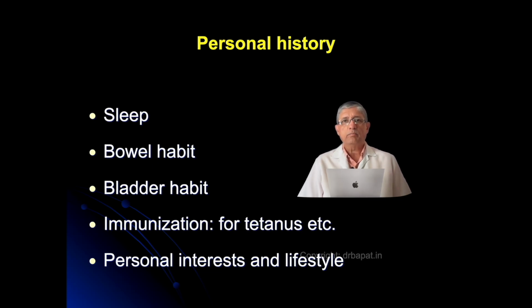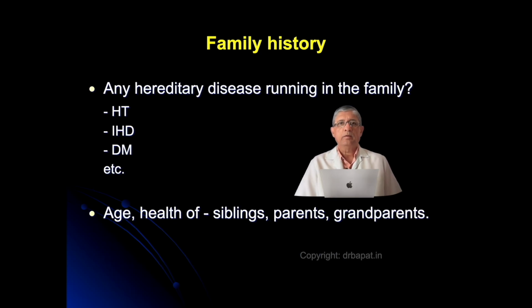Sleep, bowel habit, bladder habit, history of immunization, and personal interests and lifestyles. And under the heading of family history, ask for any hereditary disease running in the family and ask about the age and health of siblings, parents, and grandparents.